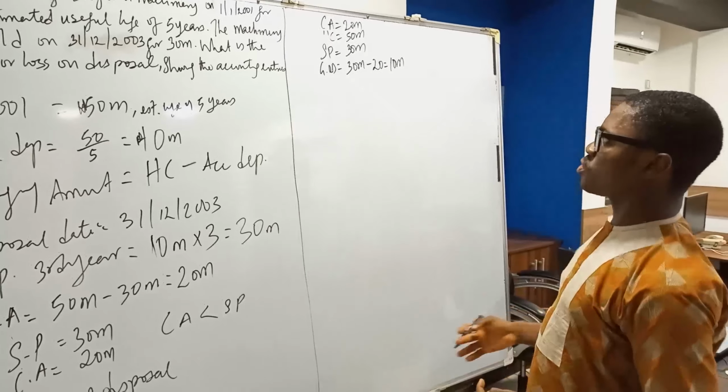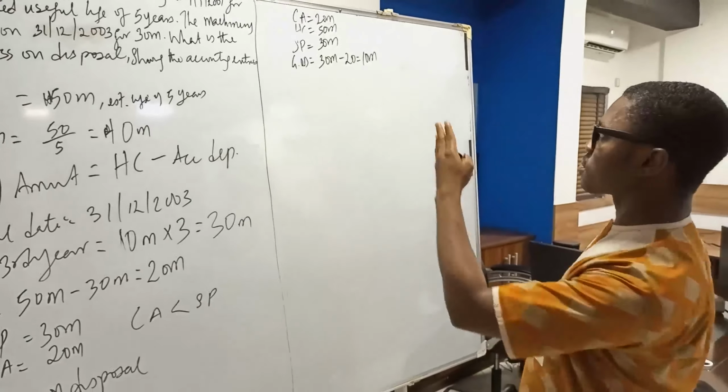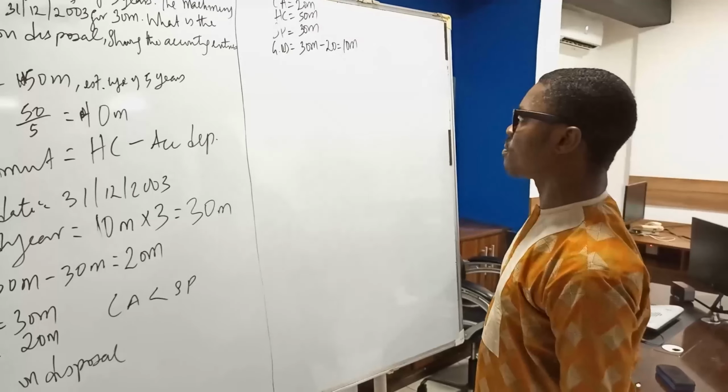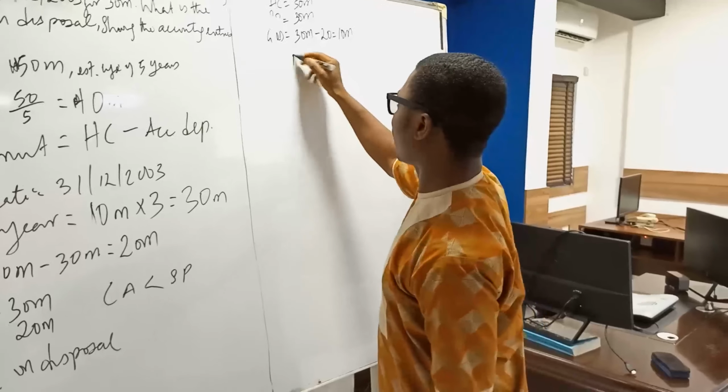What will be the accounting entry? We want to derecognize the machinery in the books of Grace Holding. We have our description.